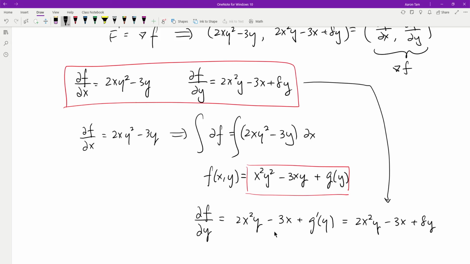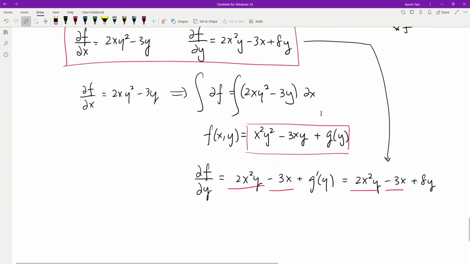Notice that these two things match up. And therefore that implies that our g prime of y should be 8y.